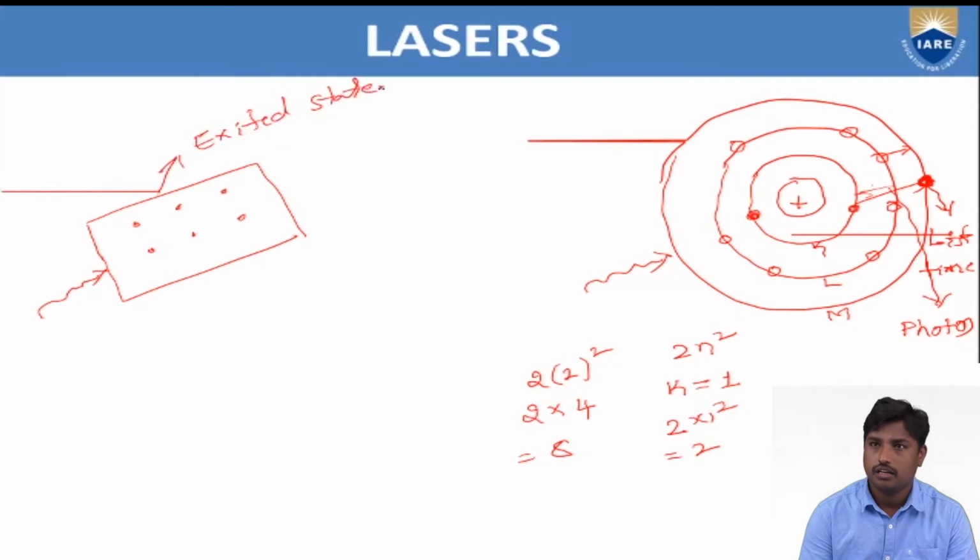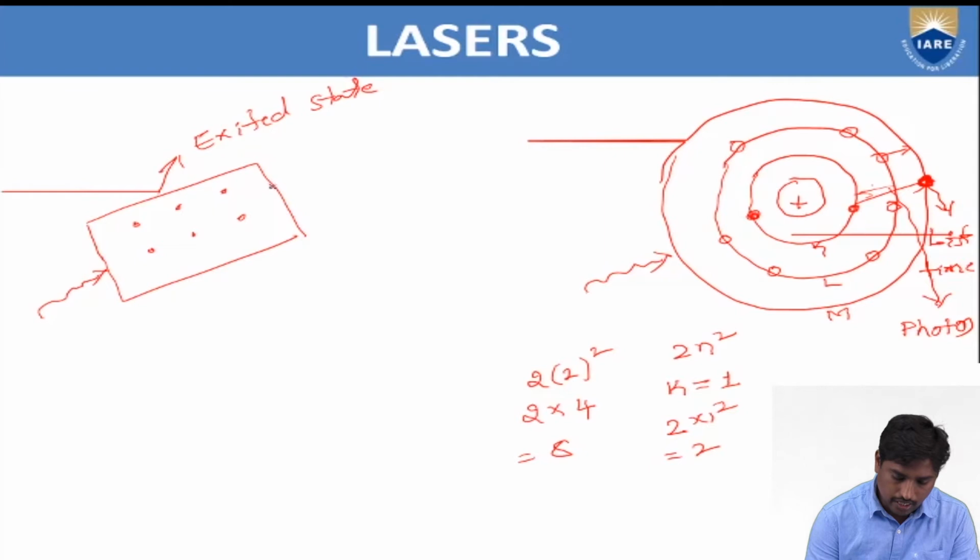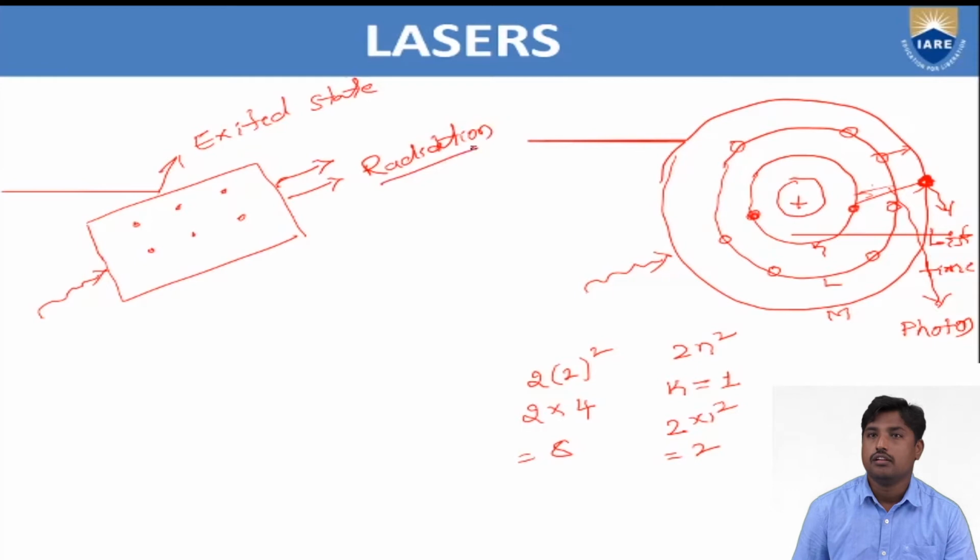While coming back to the same states, electrons de-excite, and energy is emitted by all the atoms. The energy emitted by the atom is called radiation.